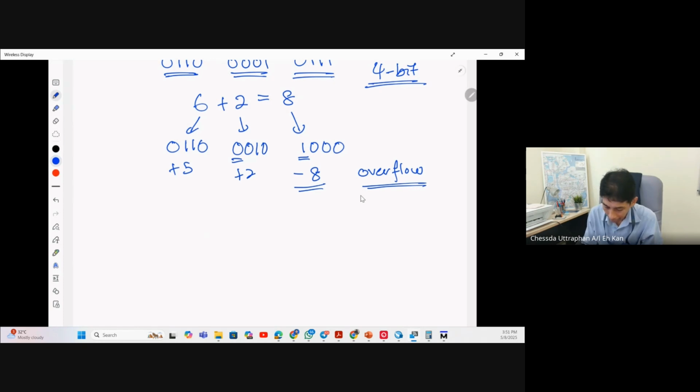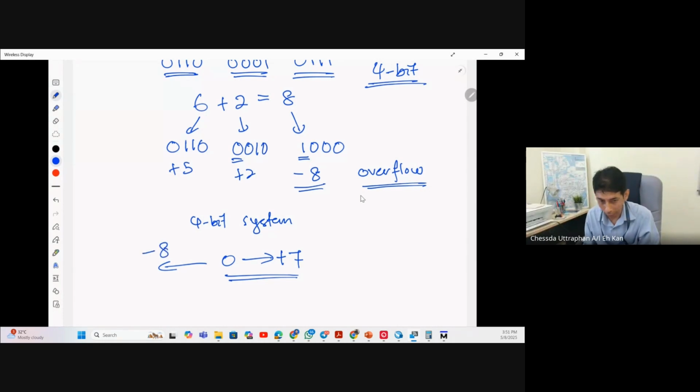Because for a 4-bit system, the positive numbers that you can represent are from 0 to positive 7 on the positive side. 0 we consider positive, and for the negative side, the maximum is minus 8 only.